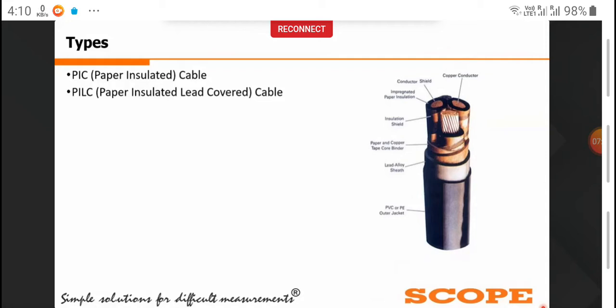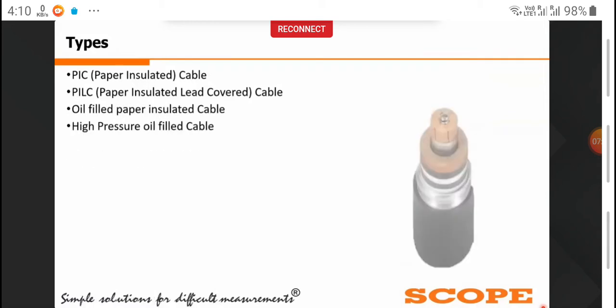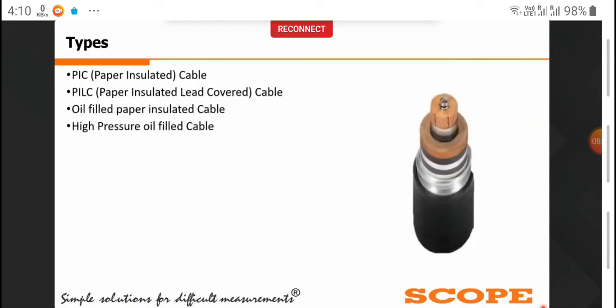These types of cables were mainly developed around the 1940s or 1950s. This type of cable is used for medium voltage applications, and is not widely available in India.